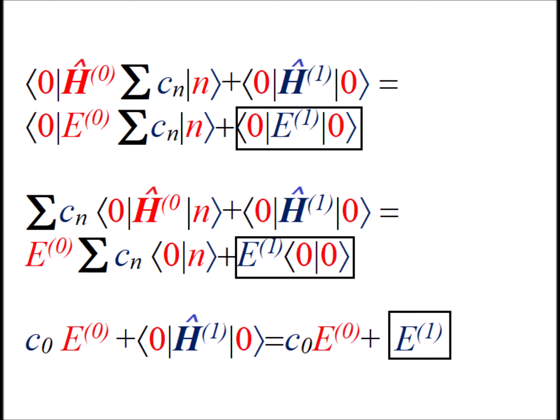Here we have in summary form what happens when we left multiply by ψ₀ star and take the integrals. We end up with the third expression here, which gives us values for E₀ and E₁.